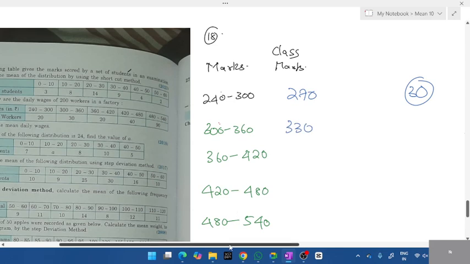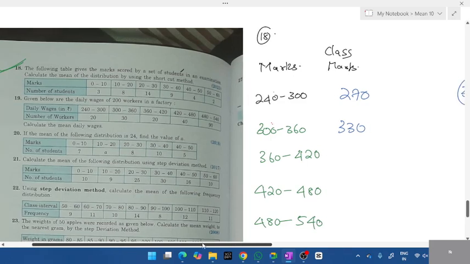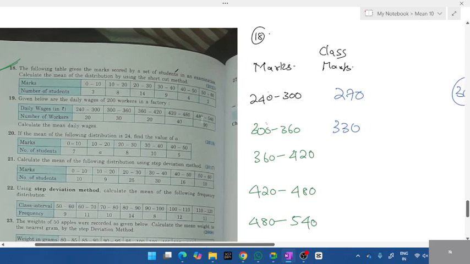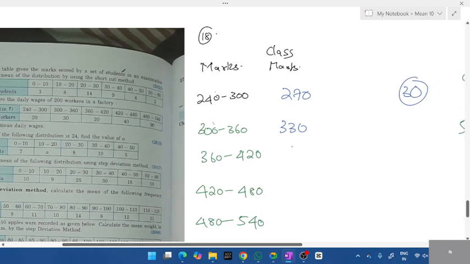You all try the question now. Be quick. Other things are same. Assume the mean value and do it. 330, 390, 450, 510. Okay, Tanishka, which value will you assume, sir?